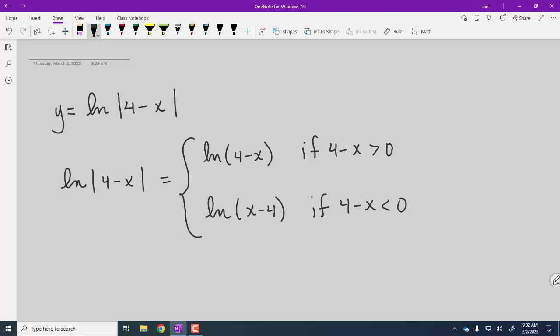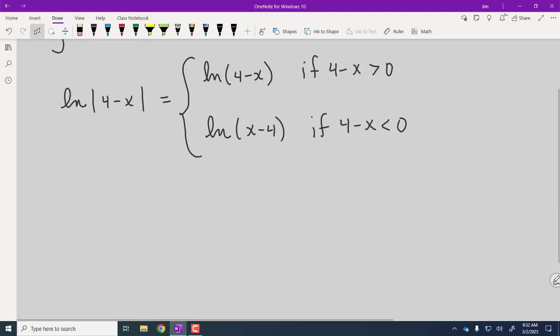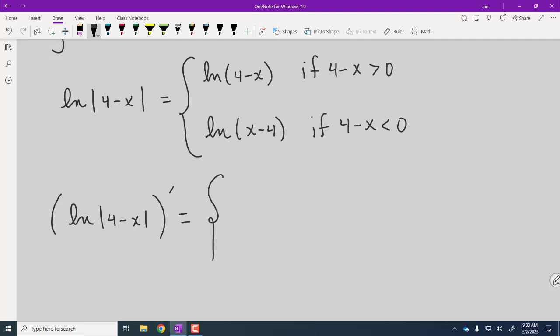So now let's take the derivative. We've got this piecewise defined function. When you take a derivative, you just take derivatives of the different pieces. And here's the part that is super cool. Let's imagine taking the derivative of each piece.